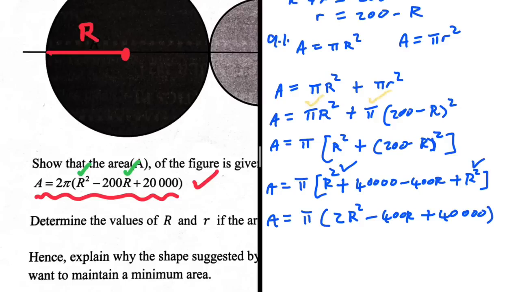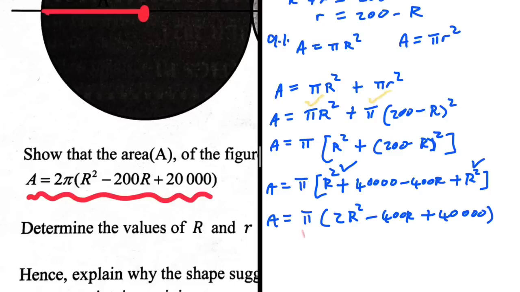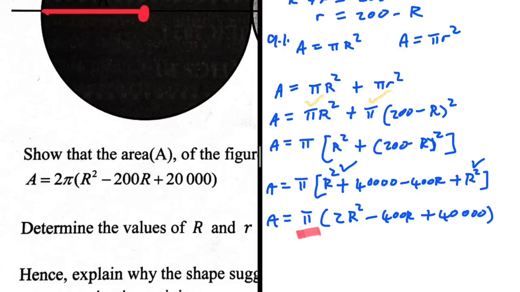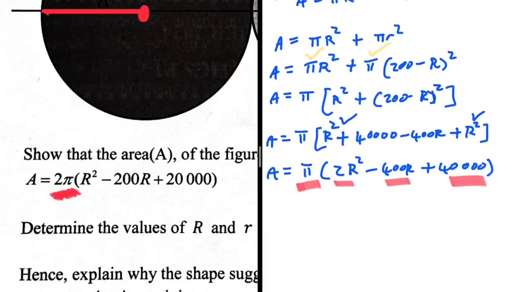So we are at this point. Look at how it differs from the equation that we are supposed to prove. The only difference now is that here we have pi, and in the equation that we are given, we actually have 2 pi. So how can we make sure that we have 2 pi? We can take out 2 as a common factor from the terms inside the brackets.